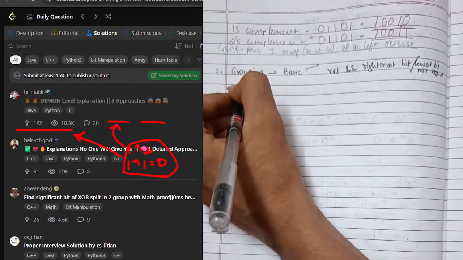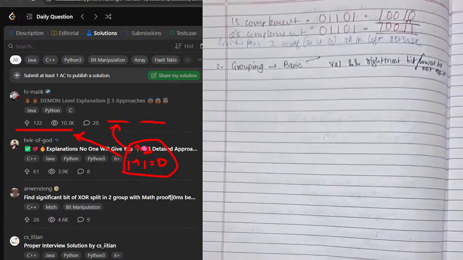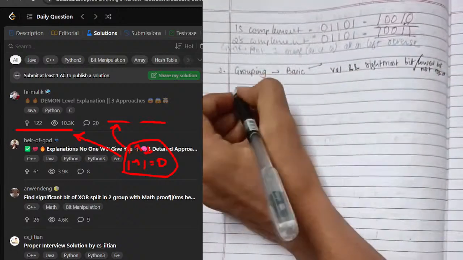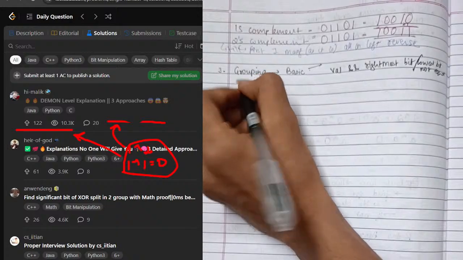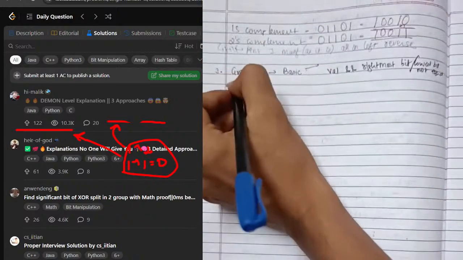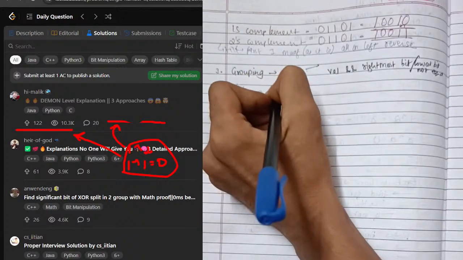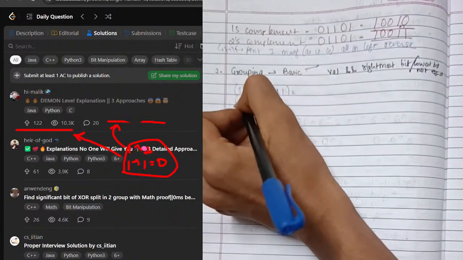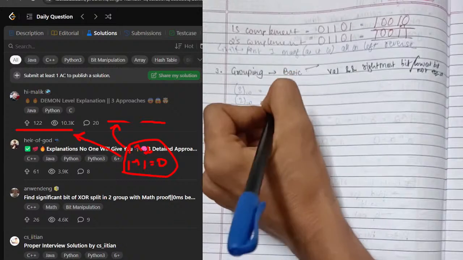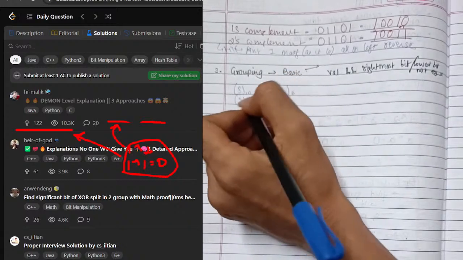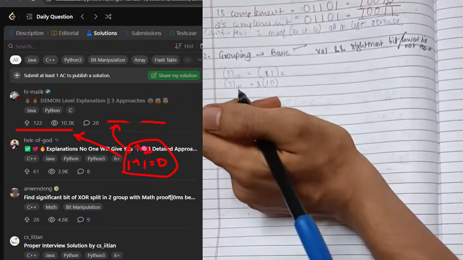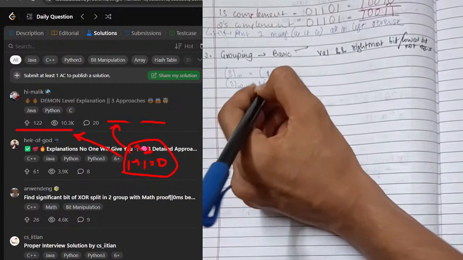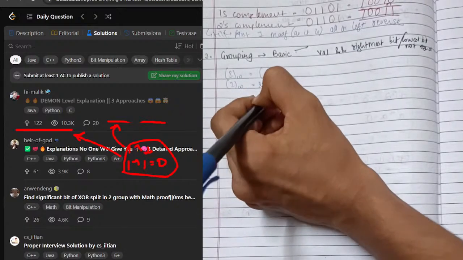How we do this is, we know the lowest bit is 2 and if the value is 3, we don't care about anything else, so it will become 0 and this will become 1.